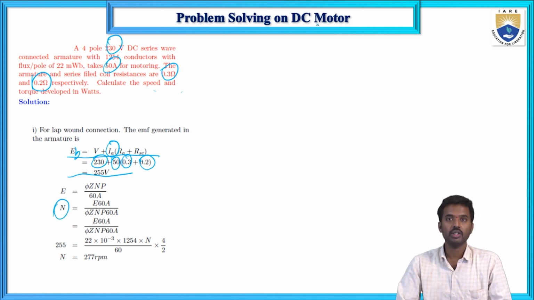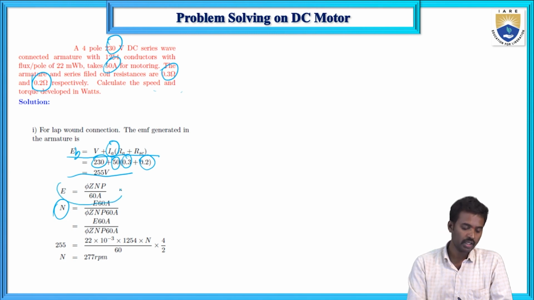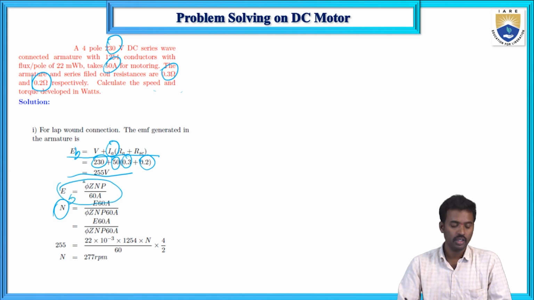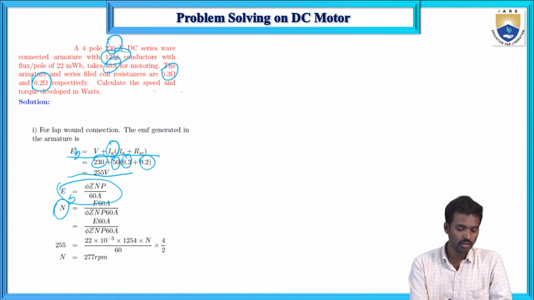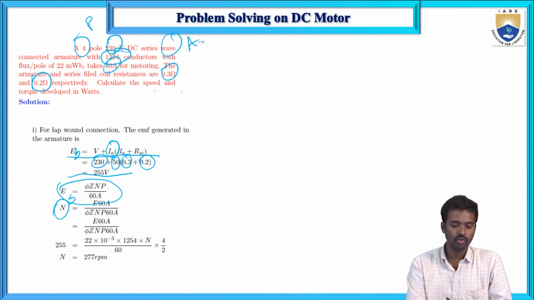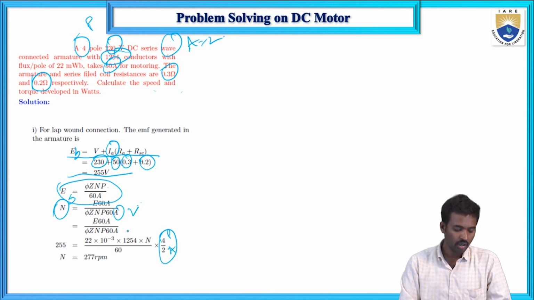How will we calculate the speed? From the back EMF formula, Eb equals ZNφ/60 into P by A. Here Z is the total number of conductors, 1254, and N you need to calculate. P is the total number of poles, and it is wave connected, so A equals 2.